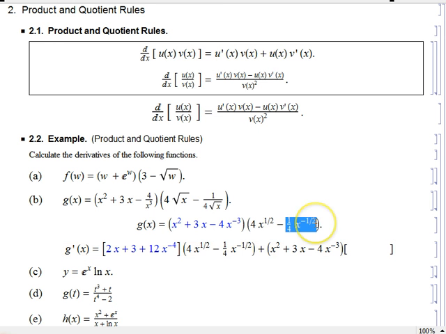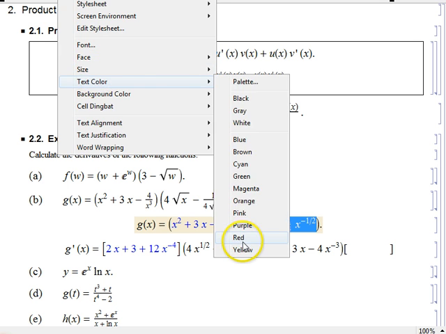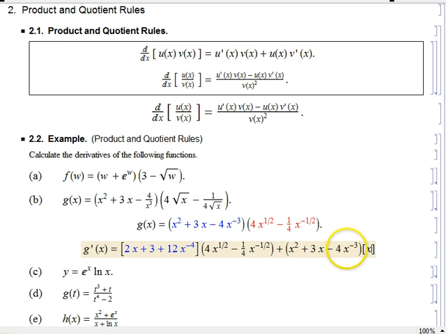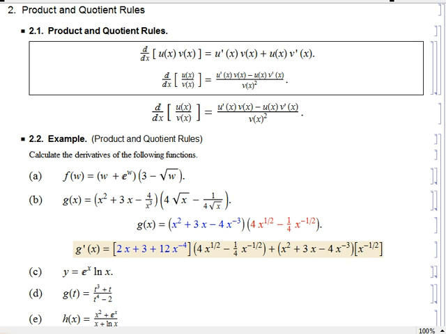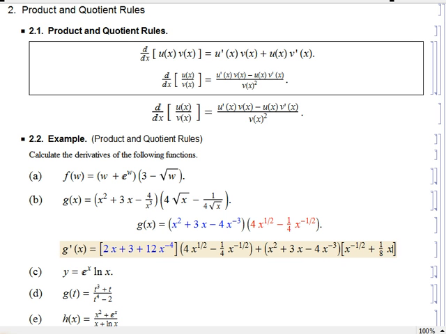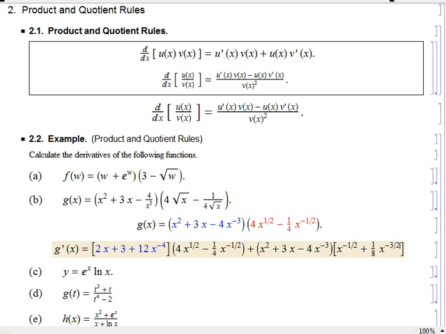And then let's move on to the second function. Okay, that's going to be 2 times x to the negative 1/2 power, because I have to subtract 1 from the power, minus 1/4 times 1/2, so this is going to be plus 1/8 x to the negative 3/2, because I have to further subtract 1 from the power.